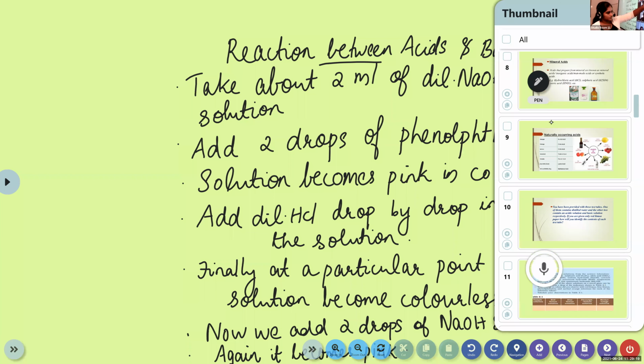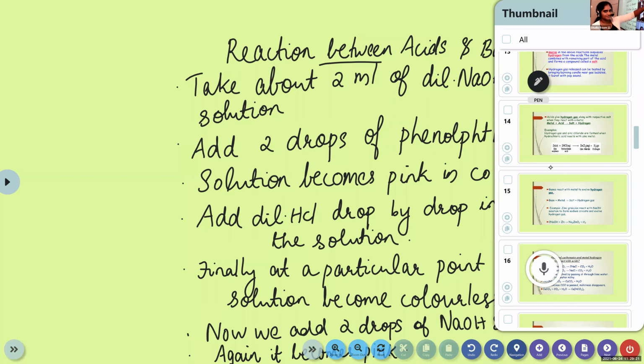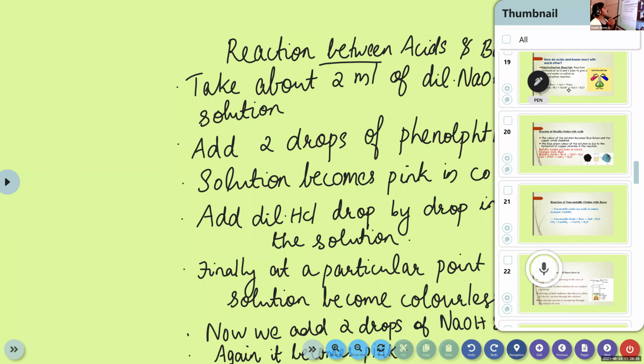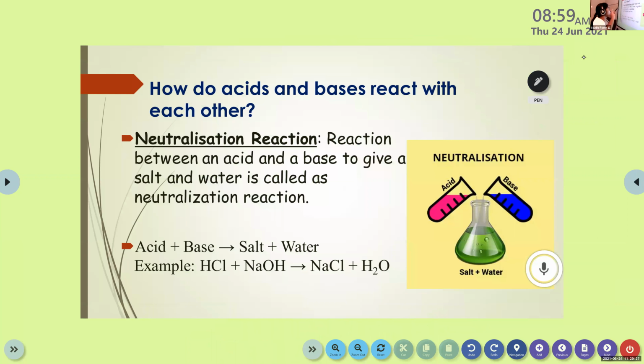Okay. So how do these acids and bases react with each other? In this type of reaction, the acids react with bases to cancel each other's effect. That reaction is known as neutralization reaction.